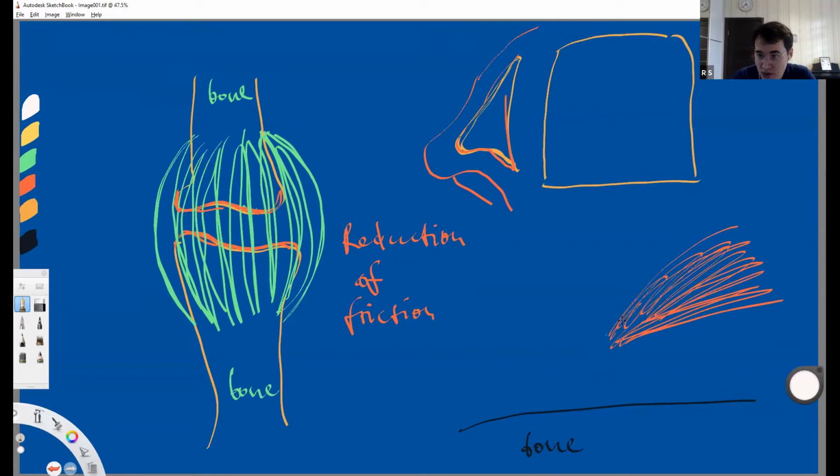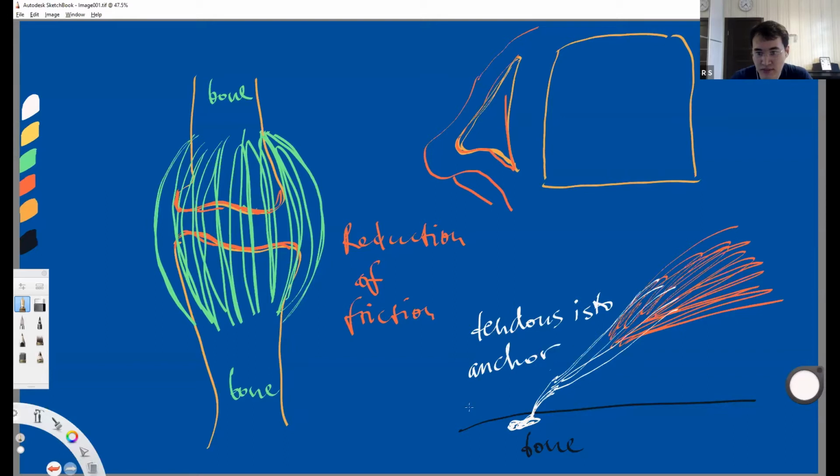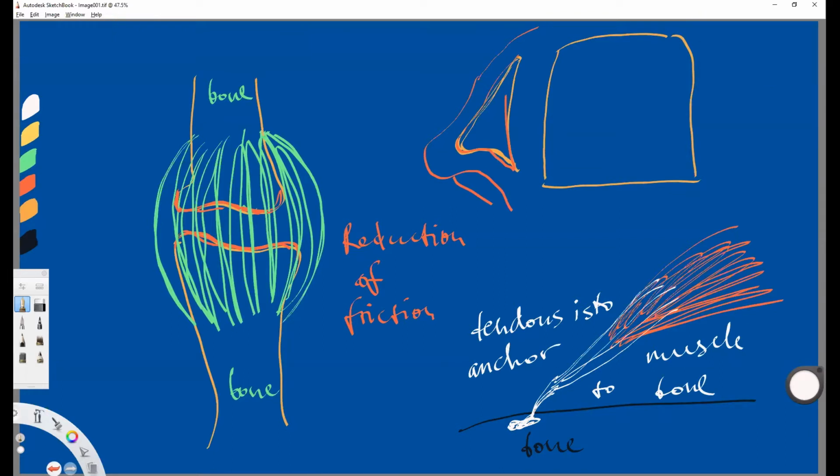So we connect these muscles to special connective tissues, connective filaments, and then these filaments attach to the bone. So they have some kind of anchor. The role of these tendons is to anchor the muscle to bone.